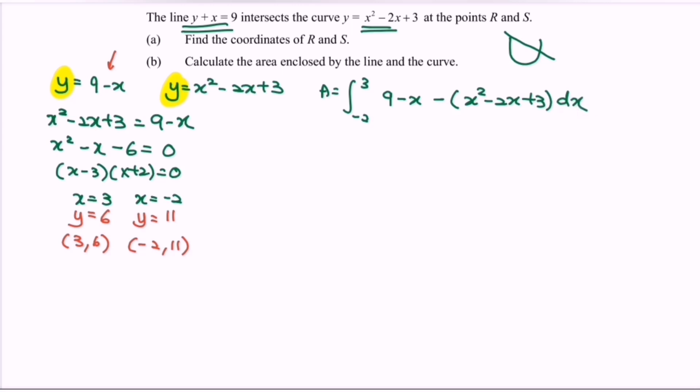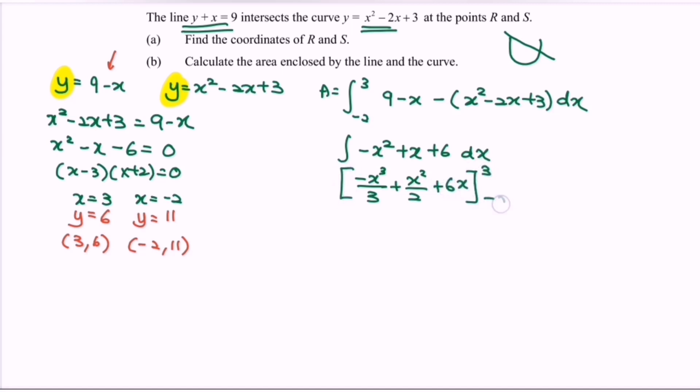So kindly simplify before we begin with the integration. So integrate, we have -x squared, and then we have positive x, followed by, we have 9 minus 3, which is positive 6 respect to x. So negative x cubed over 3 plus x squared over 2 plus 6x. The domain will be 3 and -2.